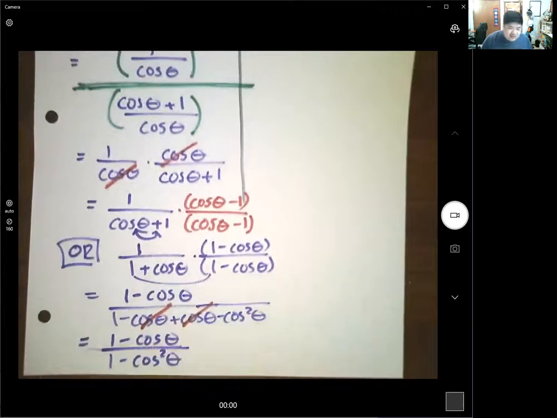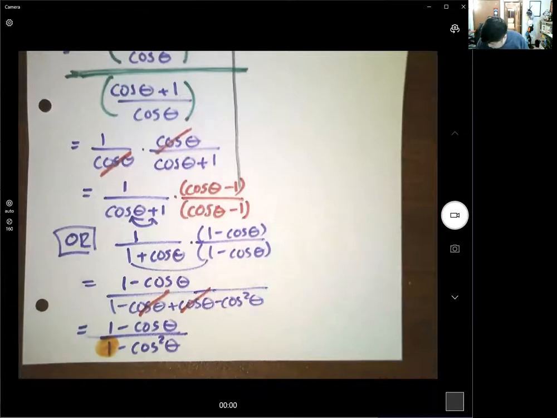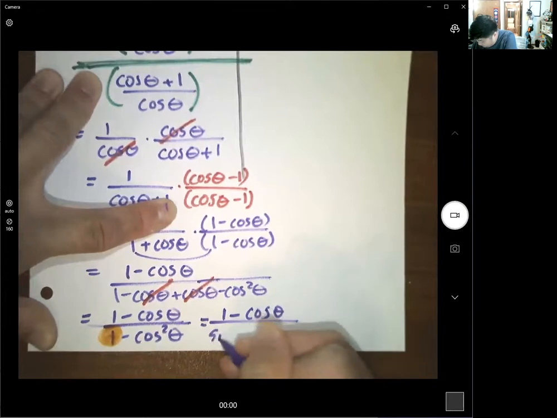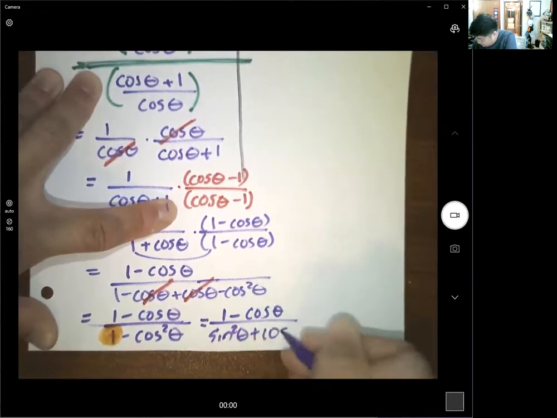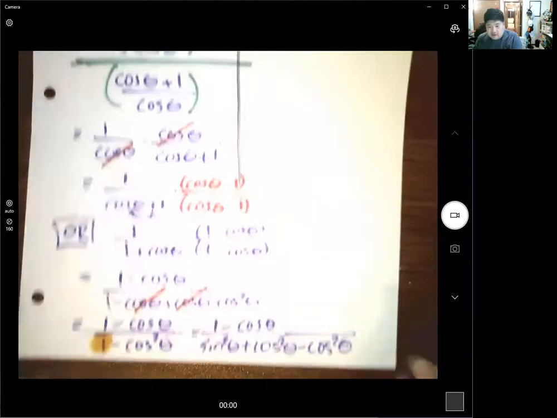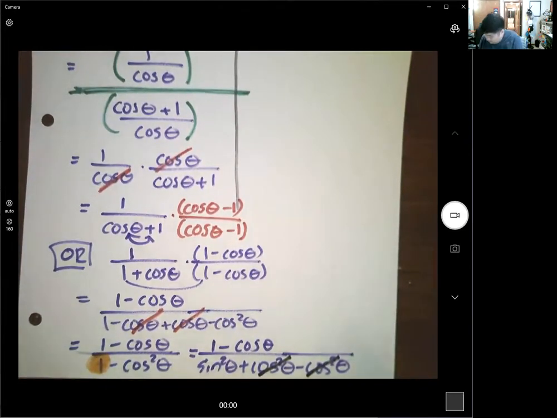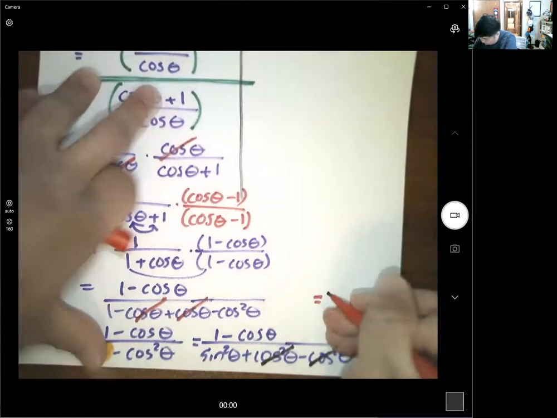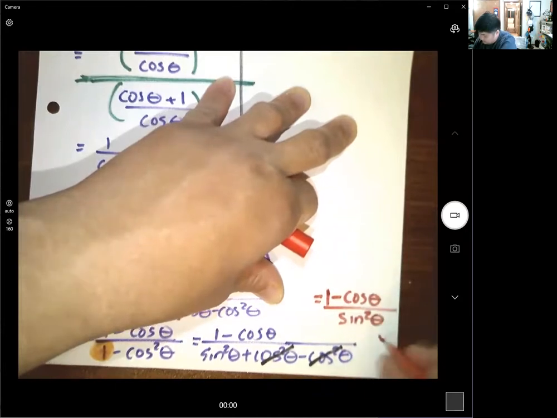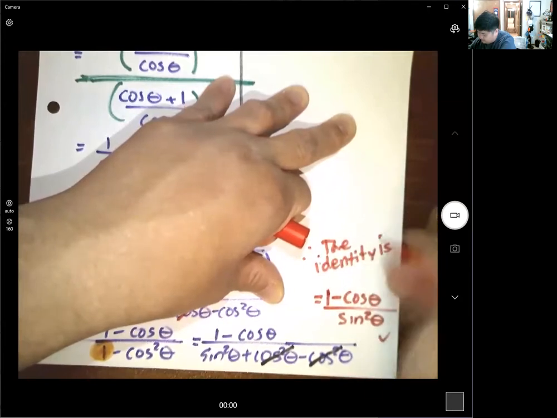Now again, for sines and cosines, a 1 can be written as, let's see, what can it be written as? Well, sine squared theta plus cosine squared theta, and then that's still minus cosine squared theta. And then the cosine squared thetas zero out. So then what am I left with? Well, I'm left with what I was supposed to verify, 1 minus cosine of theta over sine squared theta. So therefore, the identity is verified.